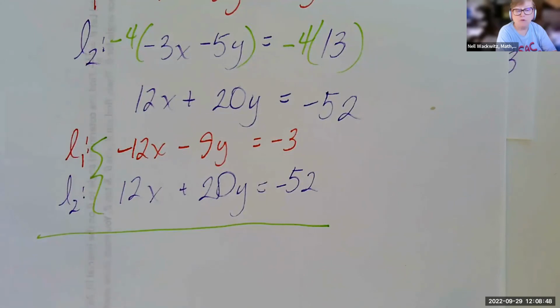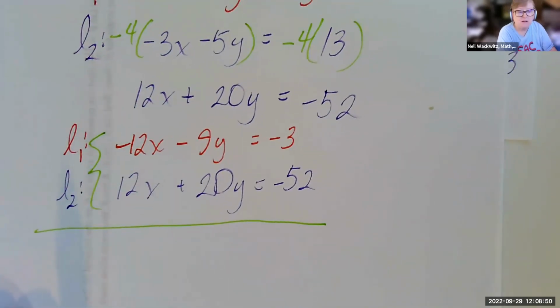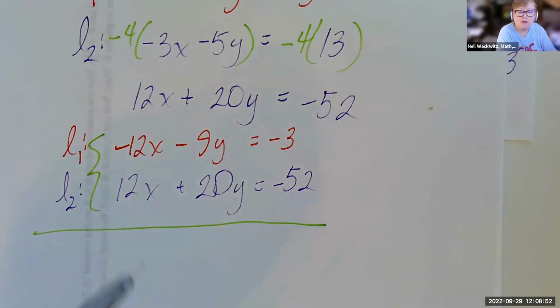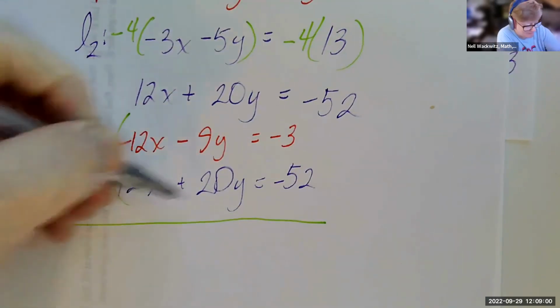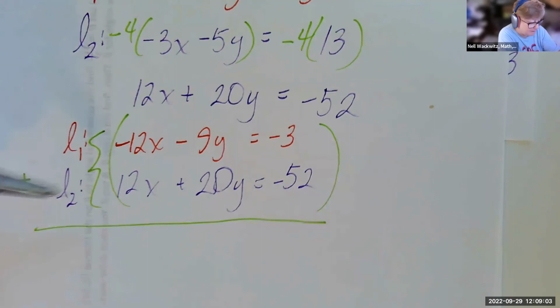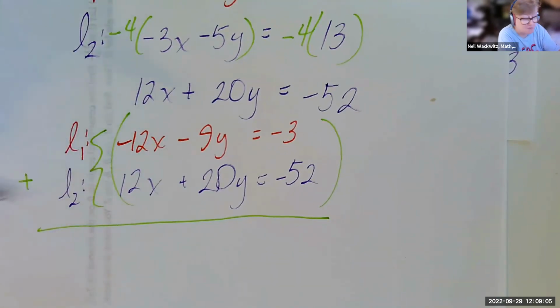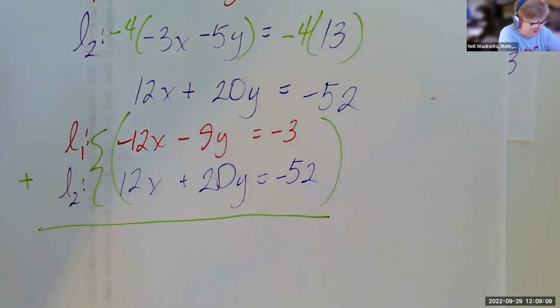So we've set it up. We did this step previous to this next step so that what will happen? You can cancel out a variable. That's right. So we're going to add negative x plus 12x, excellent.